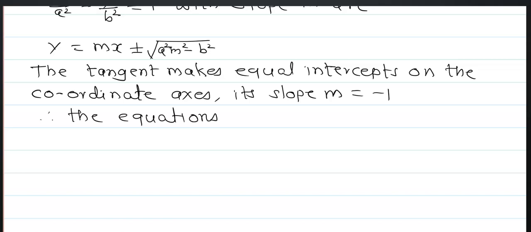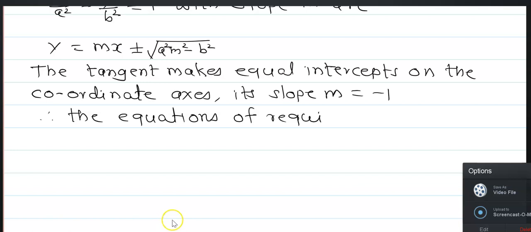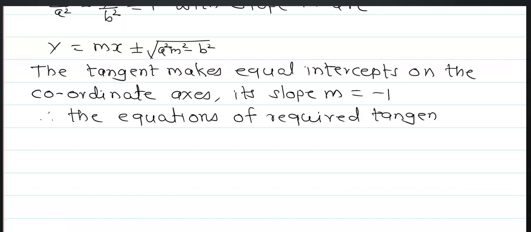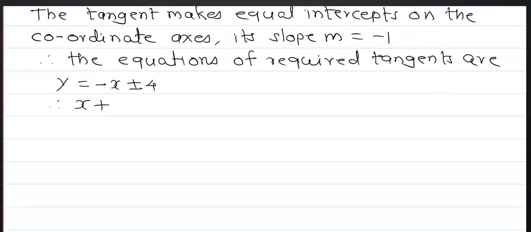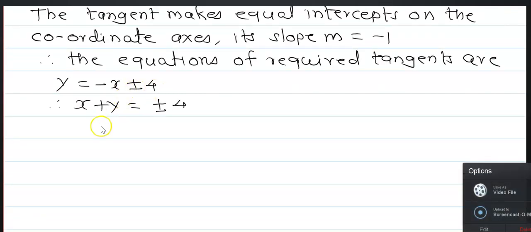The slope is m equals minus 1. That is, the tangent making equal intercepts makes an angle of 135 degrees, and tan of 135 equals minus 1. The equation of the required tangents are y equals minus x plus or minus 4, that is x plus y equals plus or minus 4.